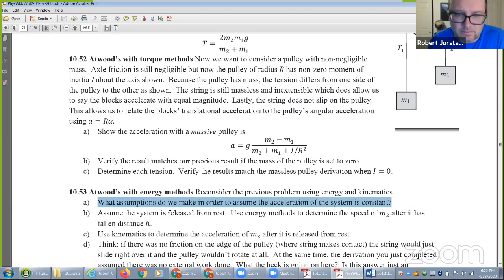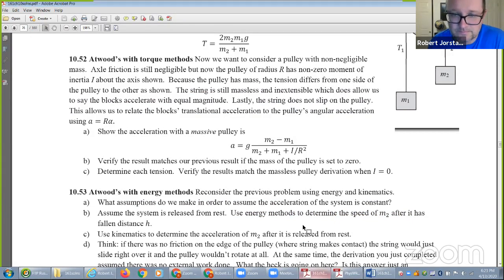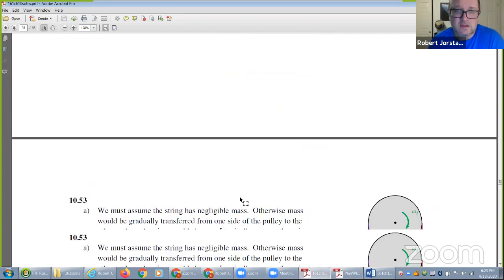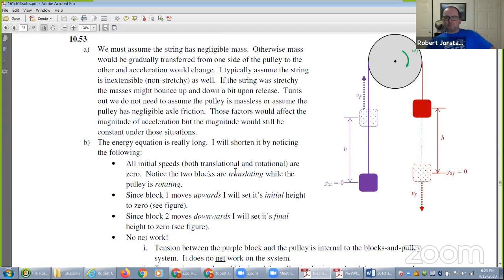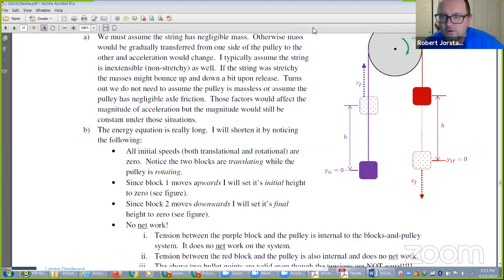All right, it's released from rest. Use energy methods to determine the speed after it's fallen distance h. Let's just go right to the solution. Here it is. There's part A in detail, but here's the deal. I am going to use my trick where I have the purple coordinate system and a red coordinate system. The blocks do not have to be at the exact same height, but this is going to be y equals 0 for the red block.